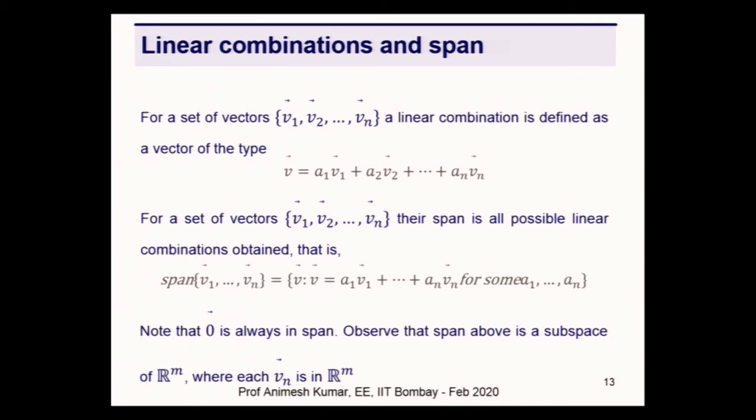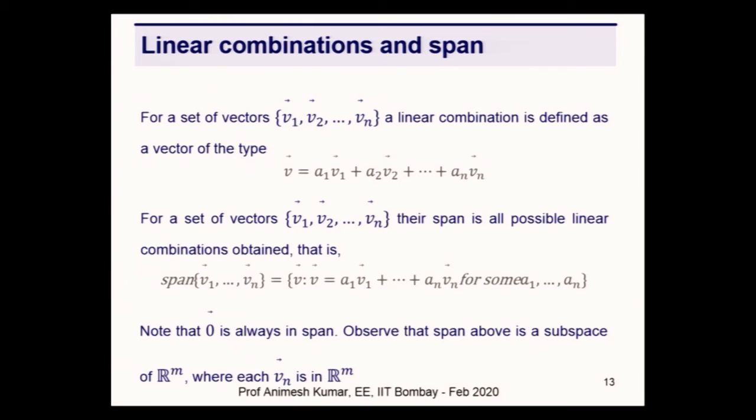Typically a span would always be infinite, but even though it has an infinite number of elements, it still has the structure that every element is a linear combination of the vectors v1 to vn.